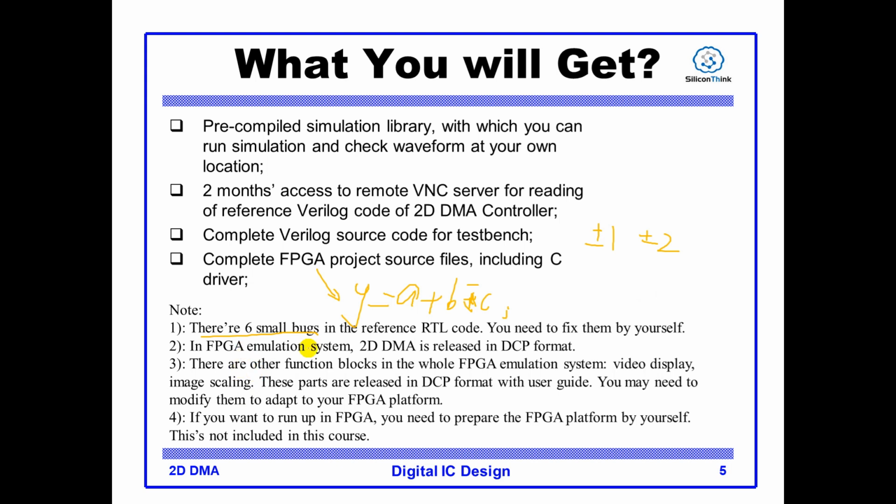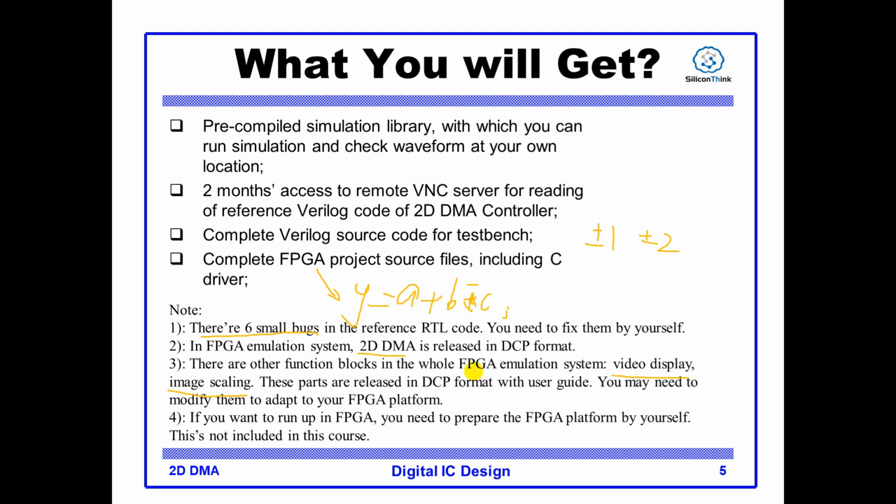And for FPGA emulation, this block, the 2D DMA, is released in netlist format, for Synopsys, in DCP format. And there are also some other function blocks in the whole FPGA system, that is the image scanning block and the video display block.